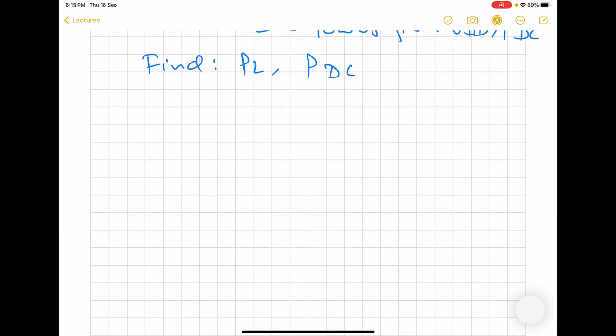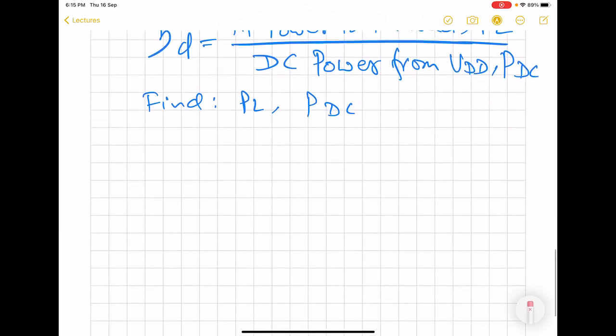Okay. So what we took for the input was, so this is the time varying input, and total VGS we had already found out.